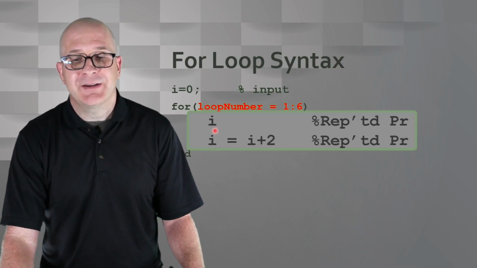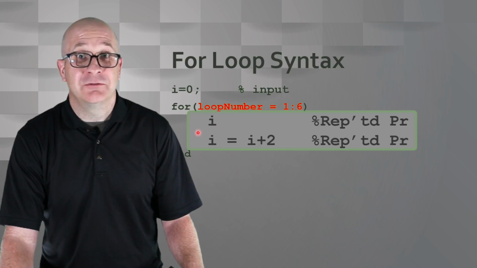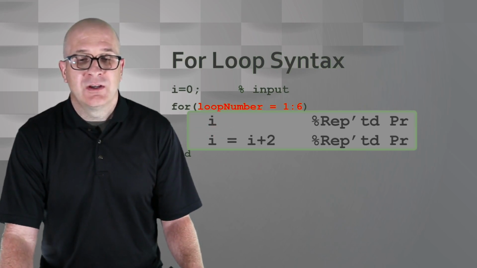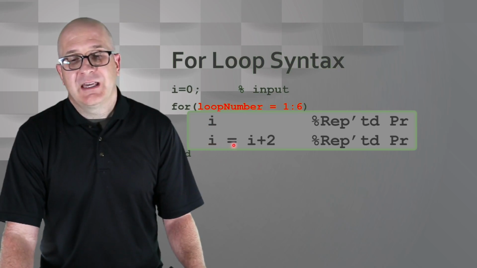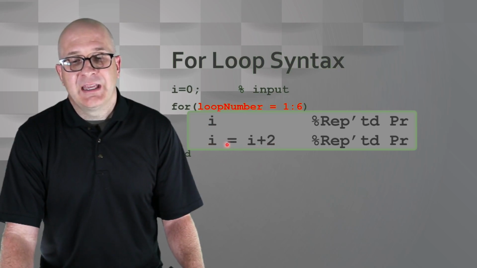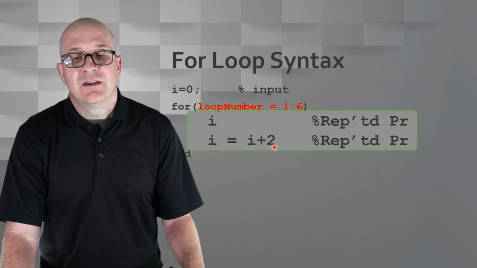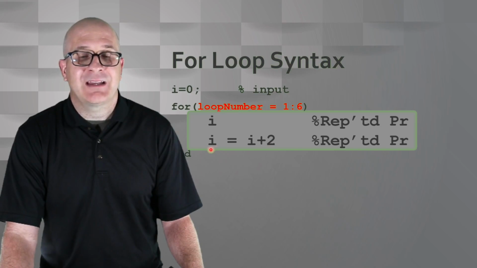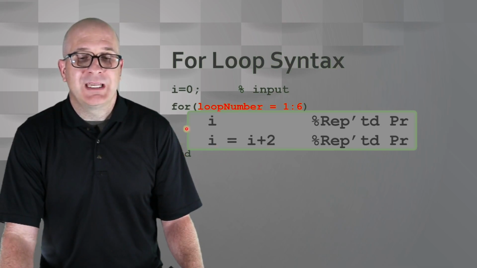Over here we have an output, so hopefully this is something that you recall. So I here is just going to print the I value to the screen. And then here we're going to take I and we're going to add 2 to it. So I plus 2, and we're going to reassign that back into the value of I. So when we begin the loop again, the I value has been updated.